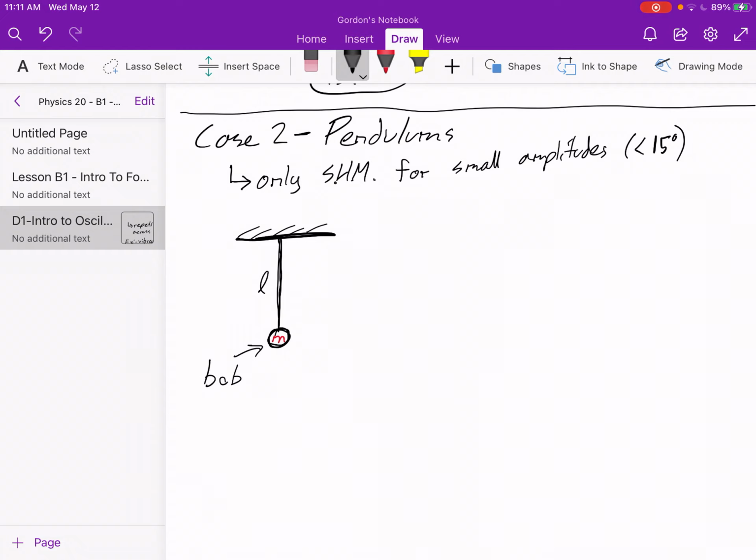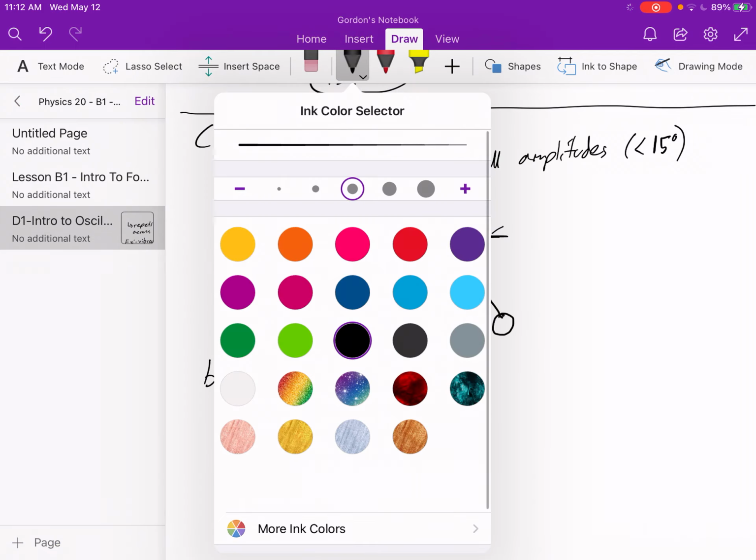And so with a pendulum, what happens is obviously, well, we take the pendulum, we pull it to the side. Here's our equilibrium position, is where it will naturally come to rest. And we pull it to the side by some angle. And just like when we were talking about springs, there was a force causing it to return to its original position.